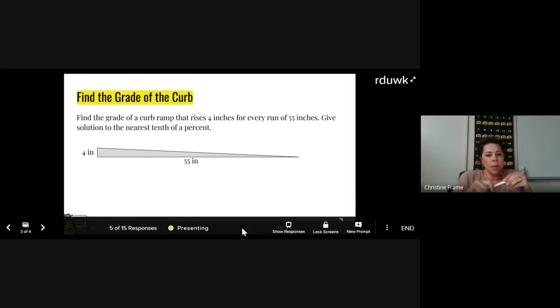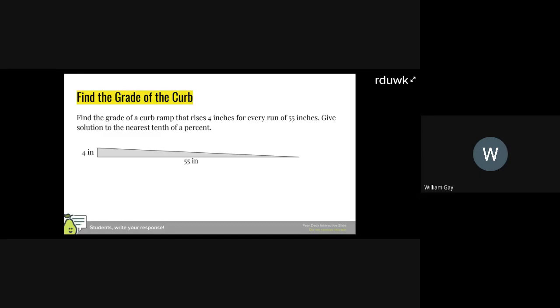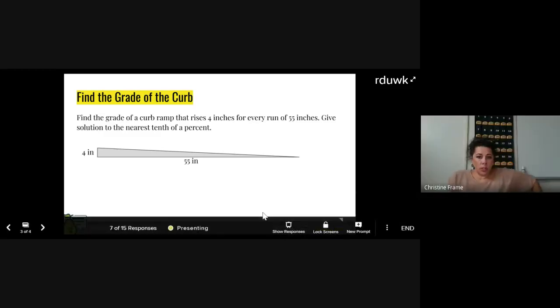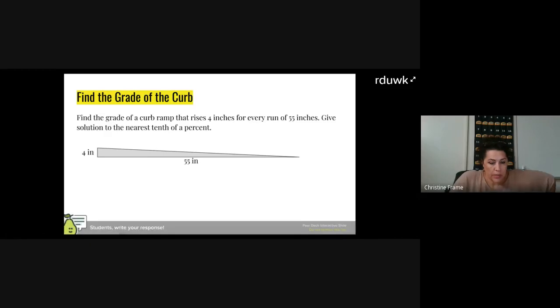Okay, I got 5 of you responding. Do we round to the 10th place? Read the instructions. Give solution to the nearest 1/10 of a percent. So yes. And be careful with your rounding.